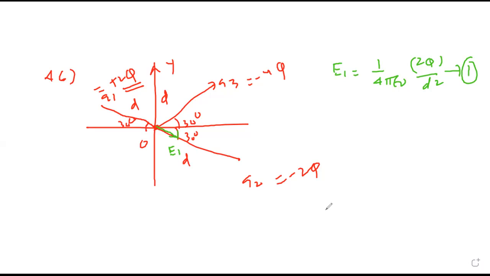E2 is minus 2Q. Minus 2Q means it will attract, and distance is same. So E2 will be 1 upon 4 pi epsilon naught, same magnitude, but directed as shown towards Q2.